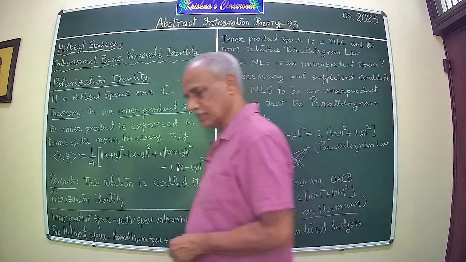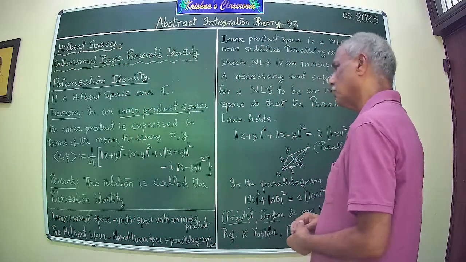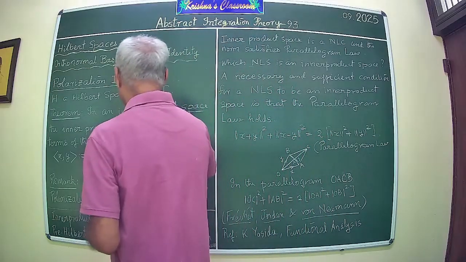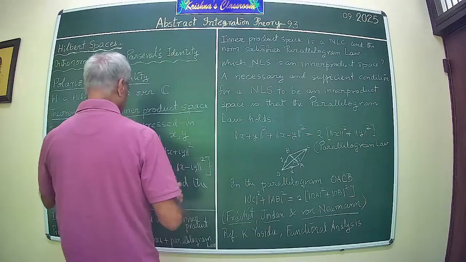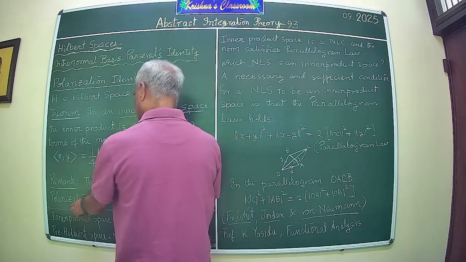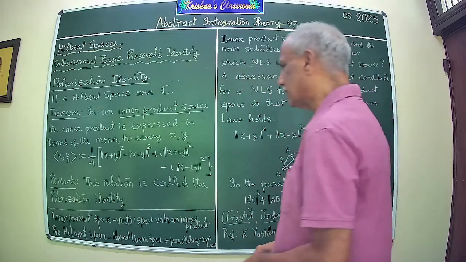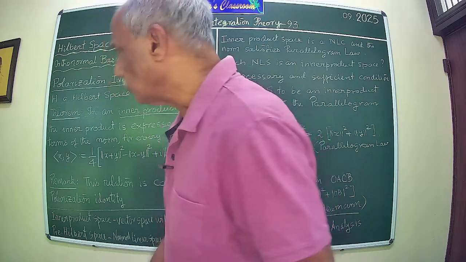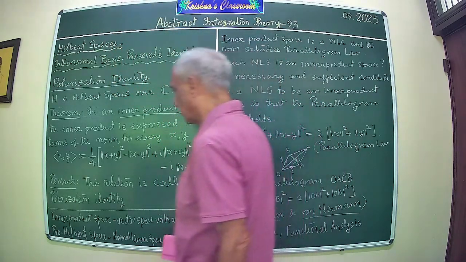It's a beautiful result. So I am not going into the proof of that. I accept that if you have an inner product space, then the inner product and the norm are connected through what is called the polarization identity. Now I just suggest that you do the following proof outline. So I just put the outline of the proof.